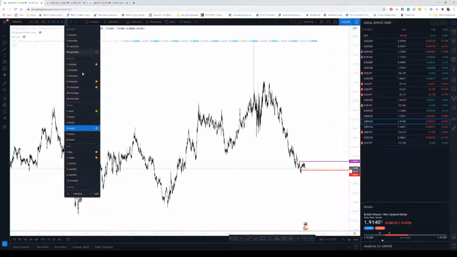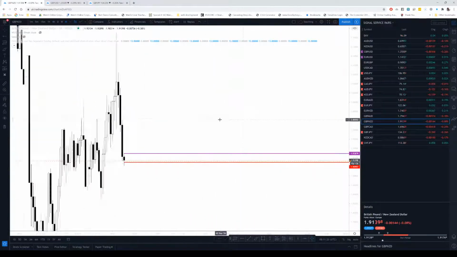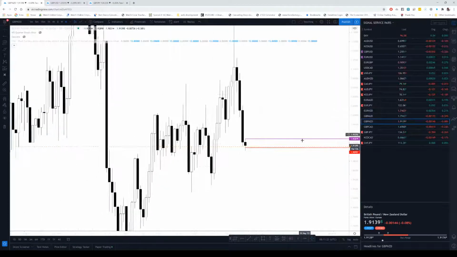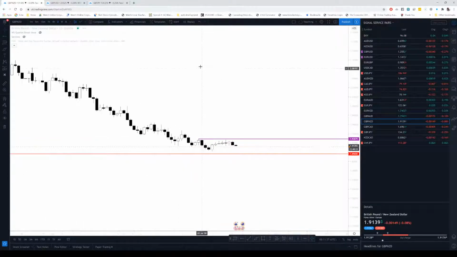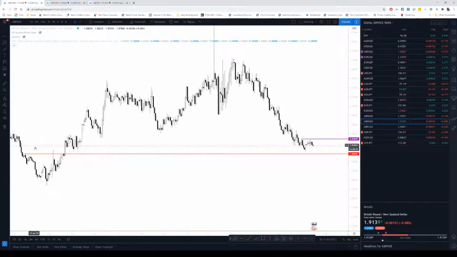If I put the monthly, yeah, we are trading at a high time frame level right here. Let's see. Right, I like this one. Maybe I'll wait. I like that level on the monthly time frame.